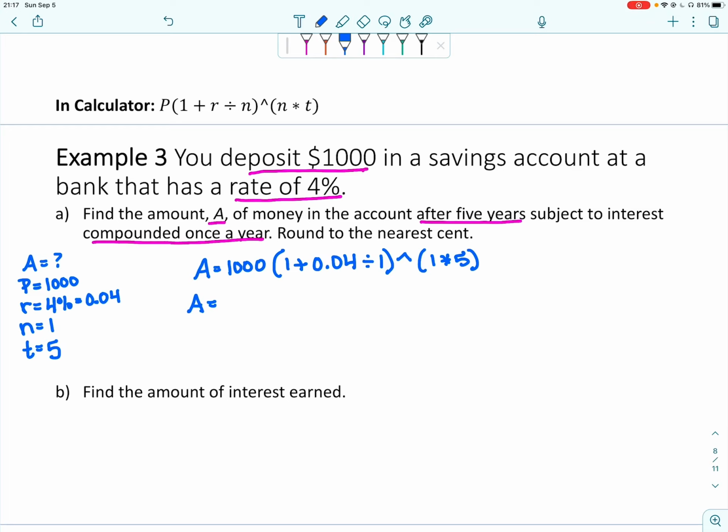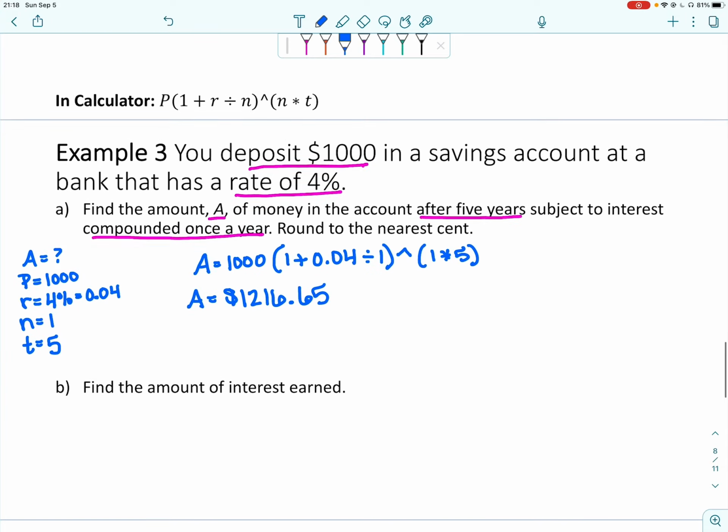That doesn't look right to me. .04 divided by 1 to the 1. Oh, that's why. Because I didn't put that in parentheses. That's better. Okay. So 1216.65. So after 5 years, you will have a total of $1,216.65 in this account.